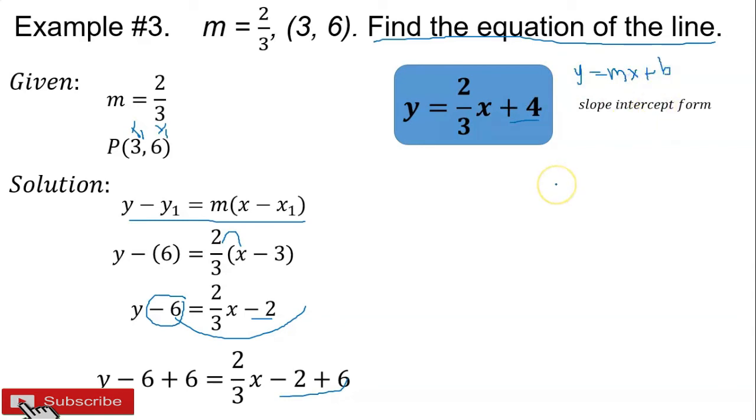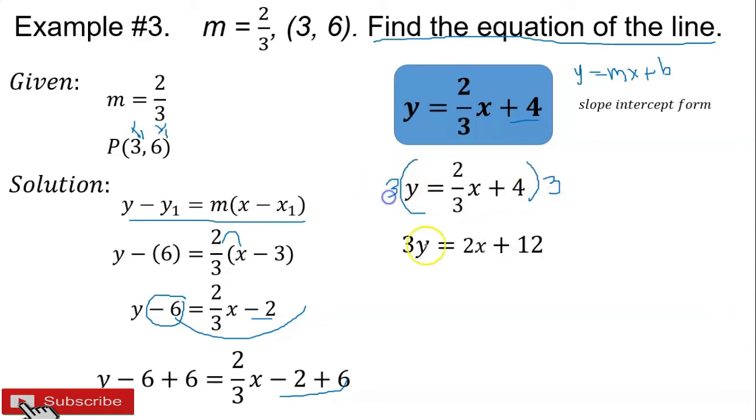Okay? And then, kunin din naman natin yung equation ng line na nasa standard form. Okay? So, using this, ang gagawin nyo lang, getting the LCD, ang LCD natin ay 3. And, so, magiging 3 times y is equal to 3y is equal to 3 times 2/3 x, that is simply 2x. Okay?